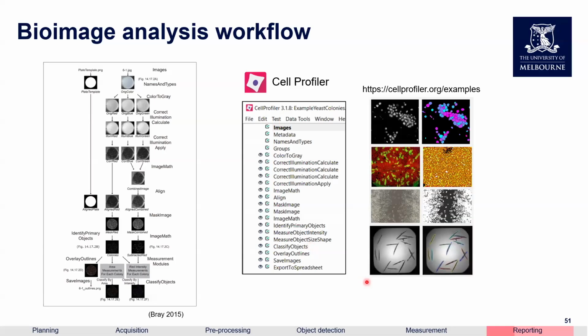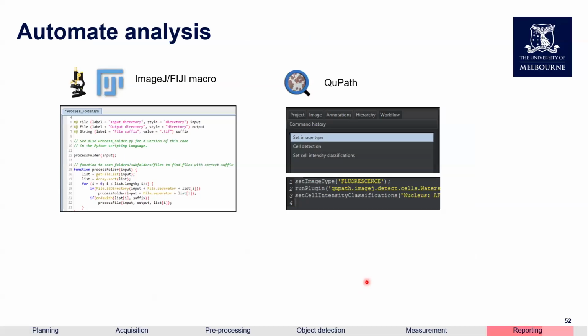If you go to their websites, they also provide many good example templates, which are really helpful for learning how different workflows are structured. This type of pipeline environment is not available in other popular programs like Fiji or QuPath, but in these programs, the workflow can be recorded via script recorders and applied for batch analysis.